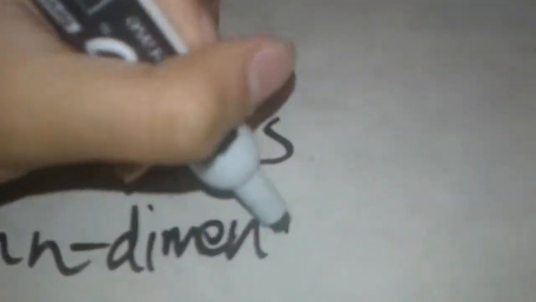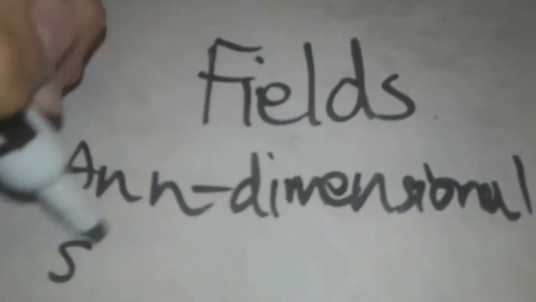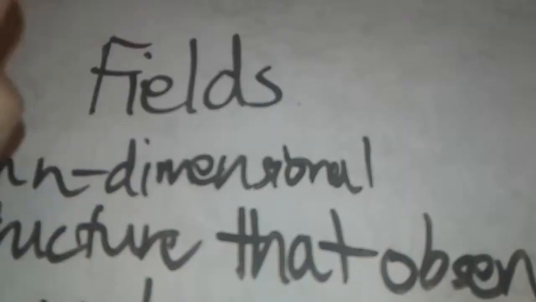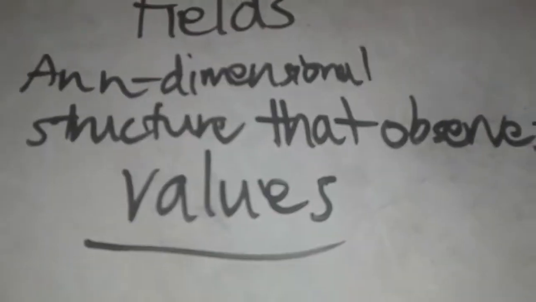Instead of going through other stuff, we're going to define fields once and for all. Fields are an n-dimensional structure that observes values. So it's not a function that has input-output.